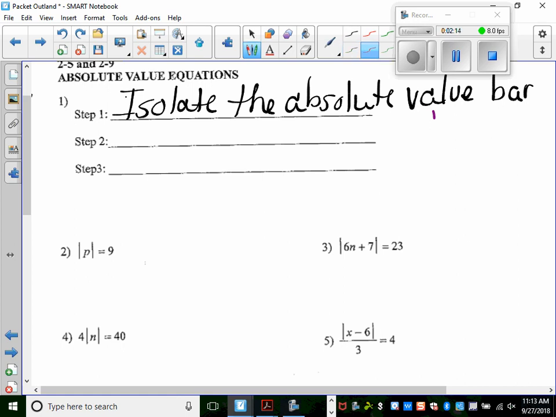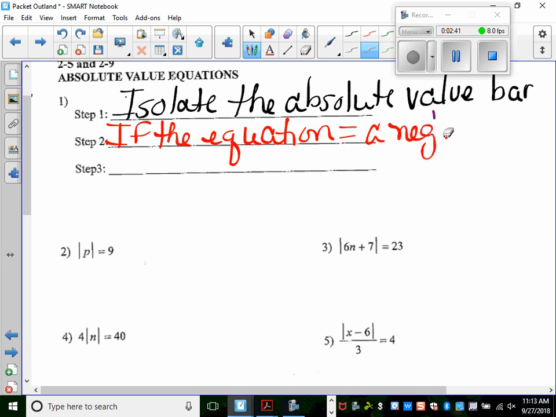All right, so step 2, once you isolate the bars, if the number equals a negative, then you stop and you simply write no solution.